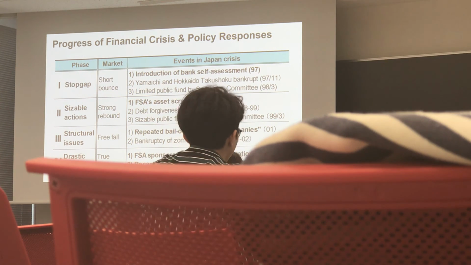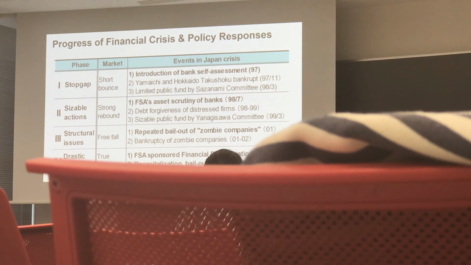However, even in this stage, no structural reform can be made. Therefore, structural issues emerge in the third stage. And then the last one is sorting out the big problems, structural reform. So this is just a snapshot.